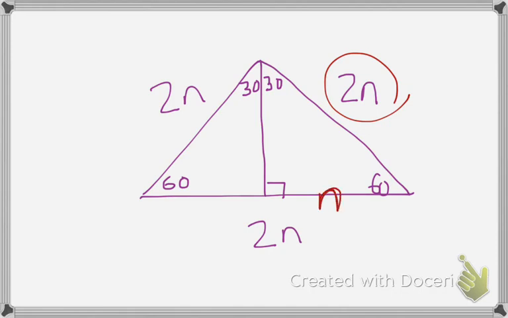And if you use the Pythagorean theorem, you could find this question mark, this altitude. So if we did that, we'd have n squared plus question mark squared equals (2n) squared. That would be 4n squared.